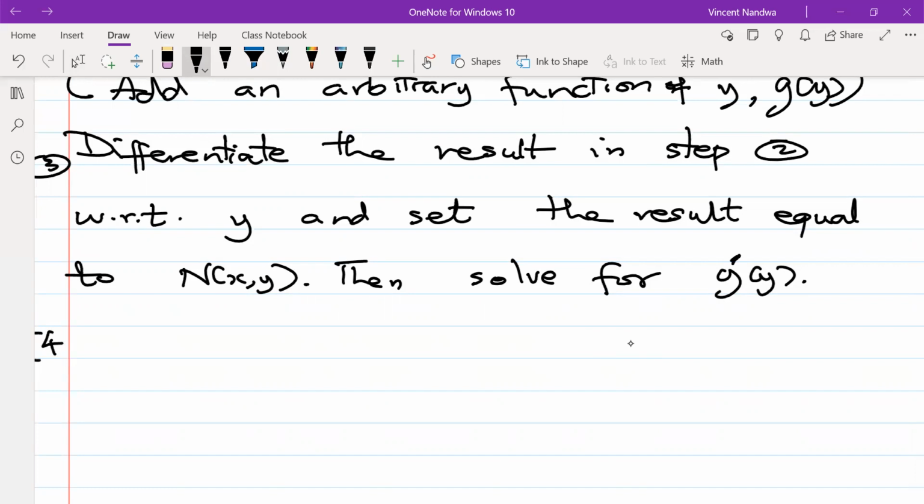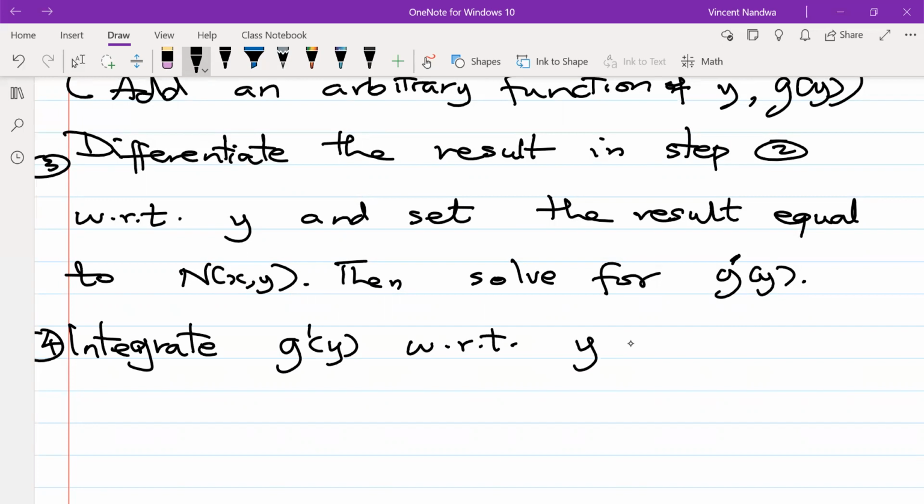And then number 4, integrate g prime of y with respect to y to obtain an expression for g of y.